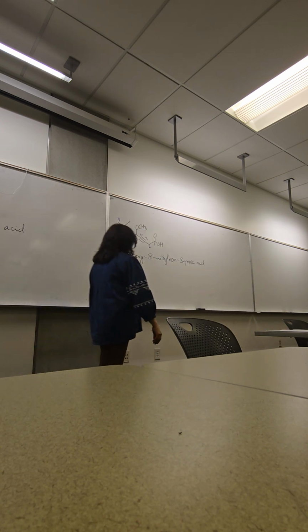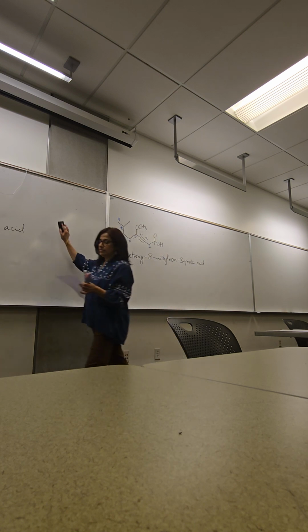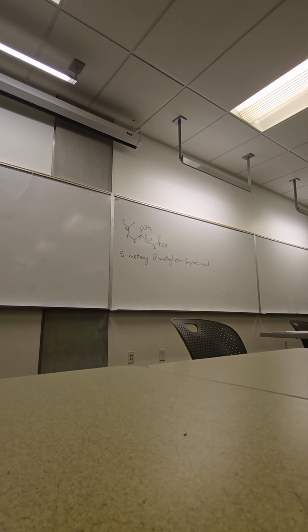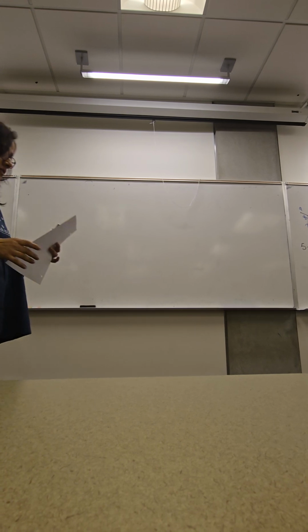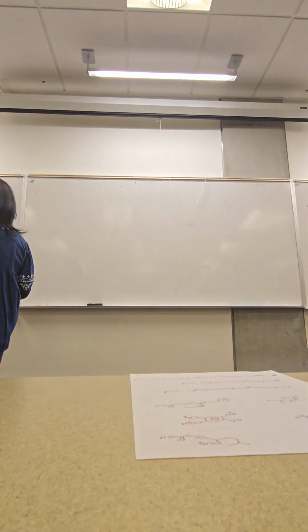That's the cyclic one. Why don't you have the structure in front of you? I don't have to draw it. Can you just tell me the name? What do you guys think? 2-oxo.